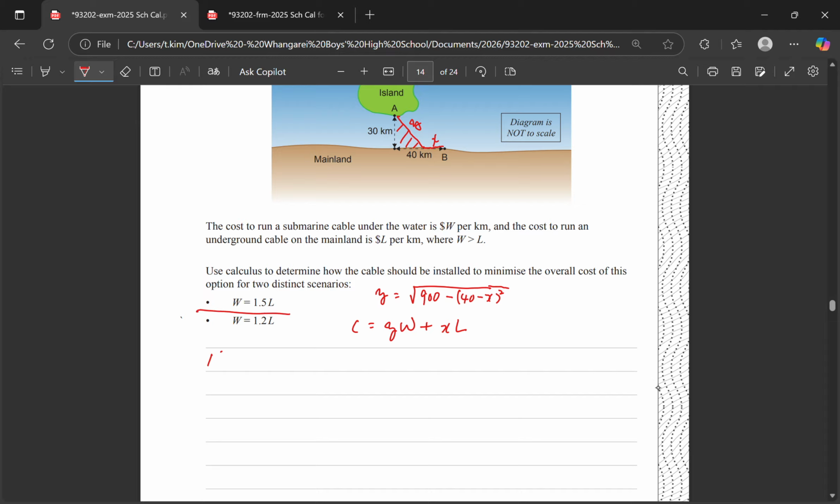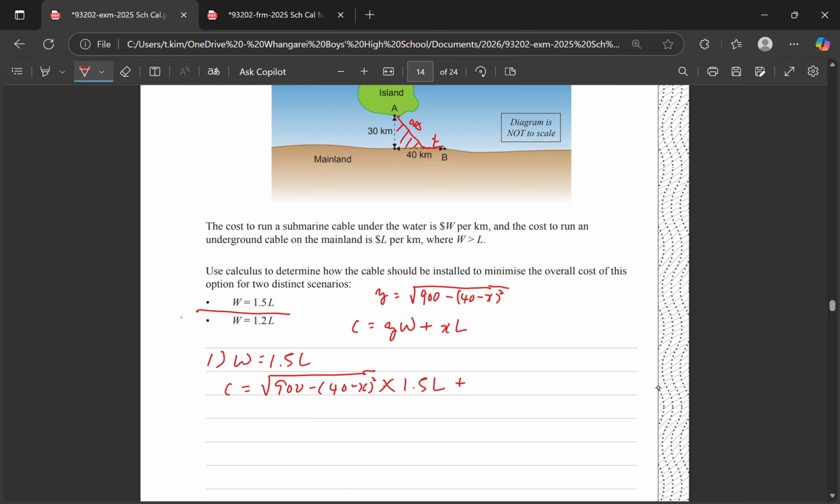So option 1, when W equals 1.5 L. I'm going to unify the variables in equation C. Instead of Y, I have to say square root of 900 minus 40 minus x squared, and then times 1.5 L instead of W, plus XL.